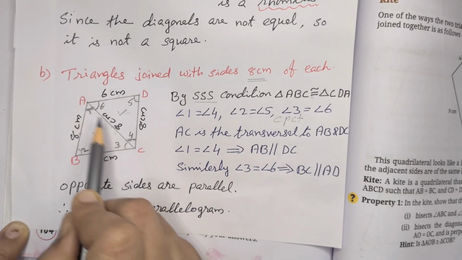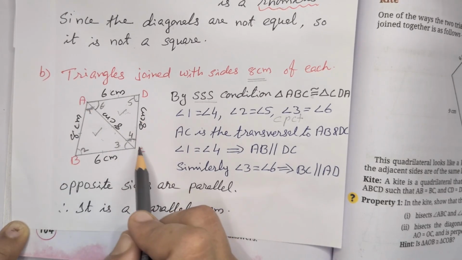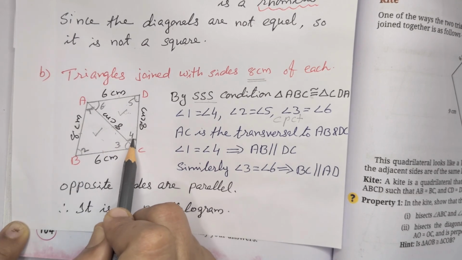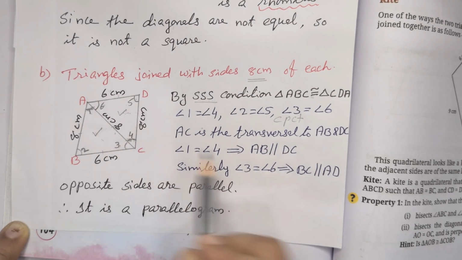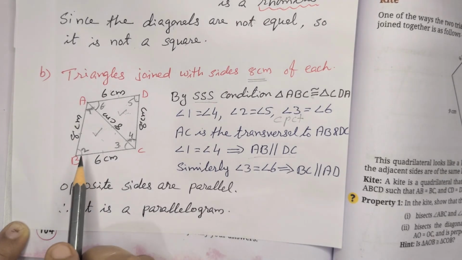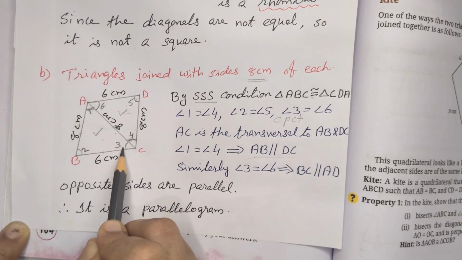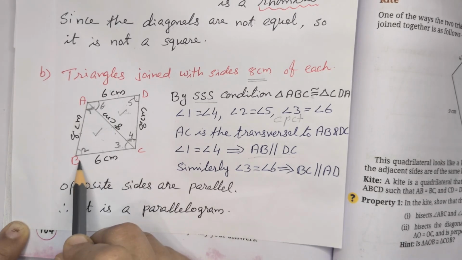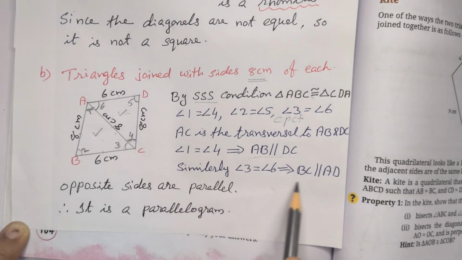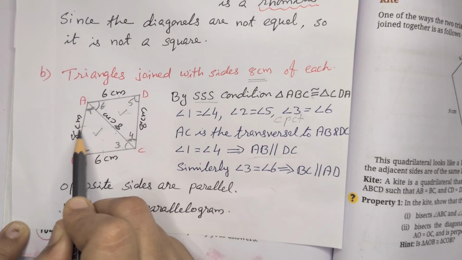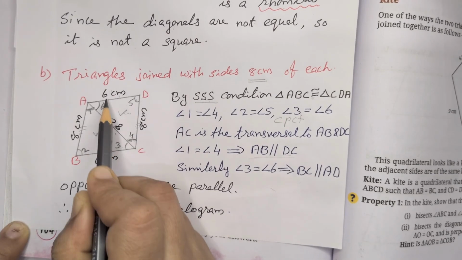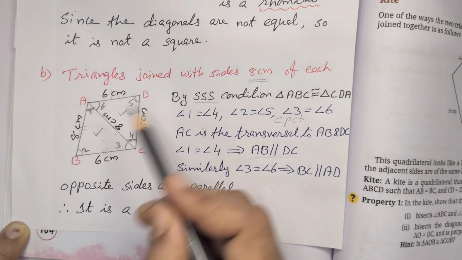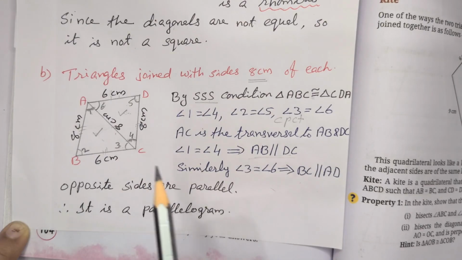When a transversal cuts two lines and the alternate angles are equal, these two sides are parallel. So AB is parallel to DC. Similarly, we can prove this also: angle 3 is equal to angle 6, which means BC is parallel to AD. So we got these two sides parallel and these also parallel. Opposite sides are parallel and equal. Therefore, it is a parallelogram.